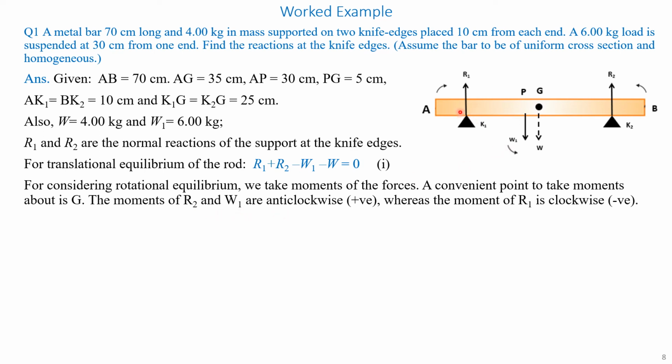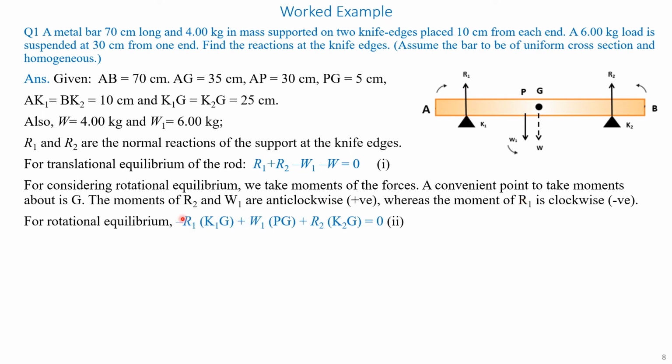You see here, W1 goes in this direction and R2 also goes in that direction, that is anticlockwise. Because it is anticlockwise, we take the direction as positive, whereas the moment of R1 is clockwise, so it is taken as negative.